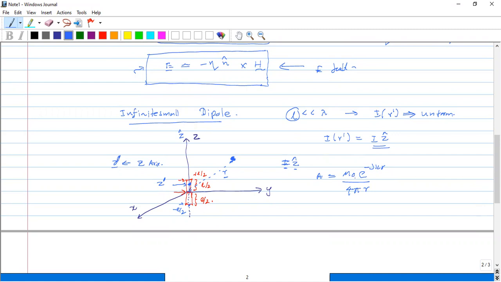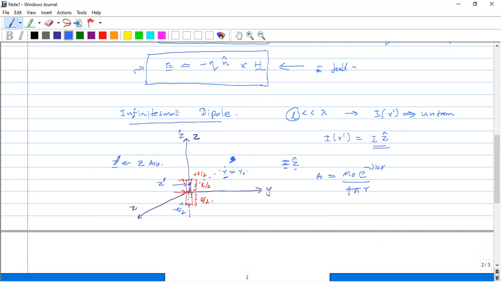That is not changing because that position we have considered as r, because it is the position vector we have defined as r bar. This r is the distance from here to here.